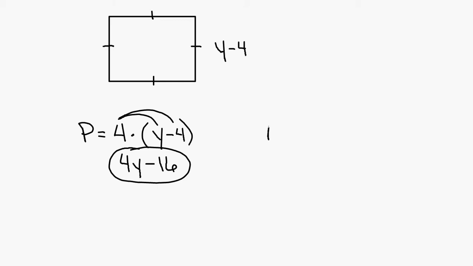Now the area is going to be equal to one of the sides squared. One of the sides is y minus 4, so y minus 4 squared. That means to multiply it by itself, so that is y minus 4 times y minus 4.